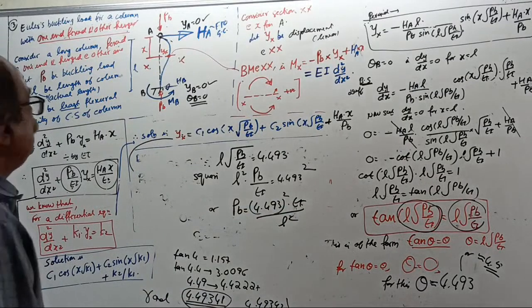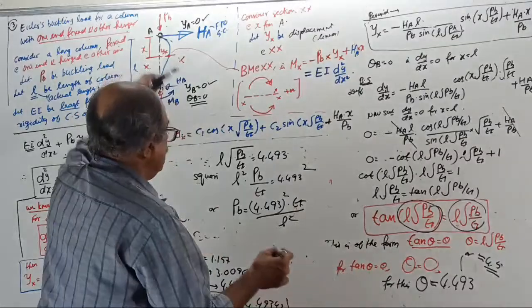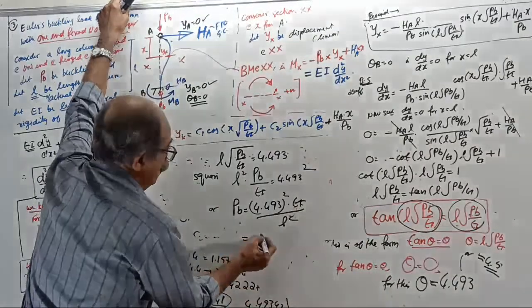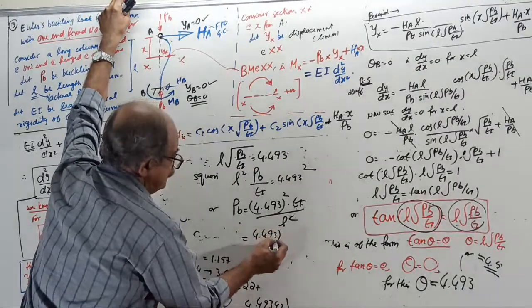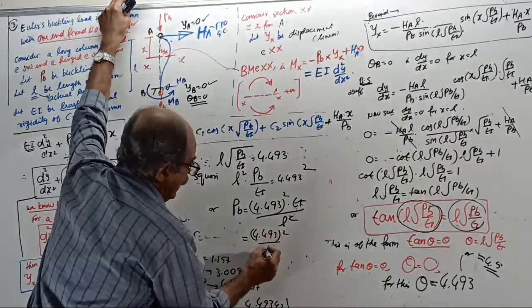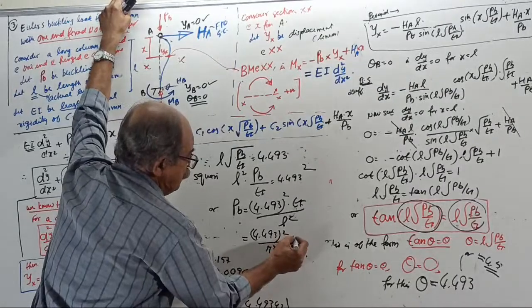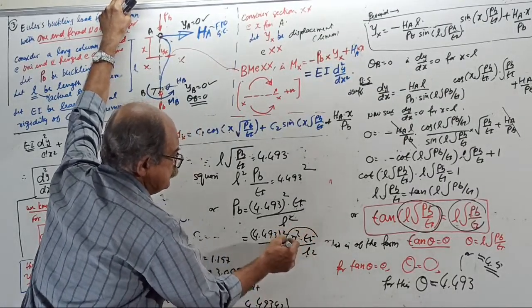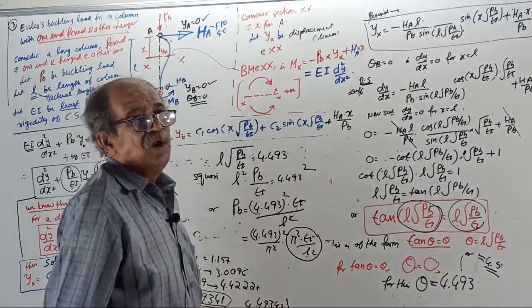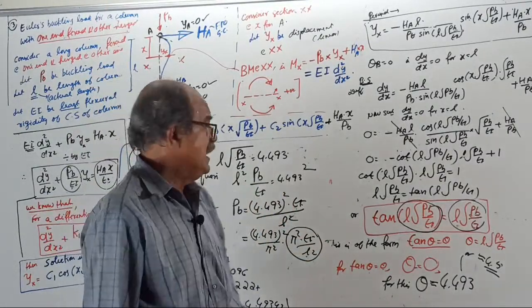But usually we want it in terms of pi. So what you do is, P_B equals 4.493 square divided by pi square, into pi square EI by L square. Why? Because people always want it in the form of pi square EI by L square.